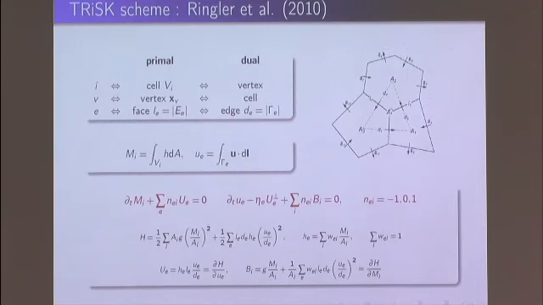Now TRiSK. TRiSK is an unstructured grid, and I won't show the algebra for the Coriolis term. I'll show the energy terms. So my degrees of freedom are cell-integrated mass and edge-integrated velocity. That's my mass budget.